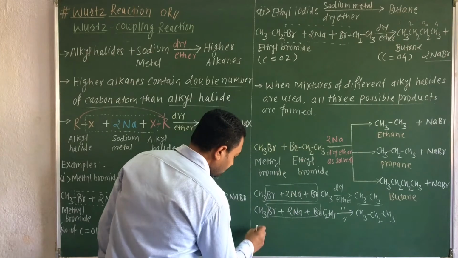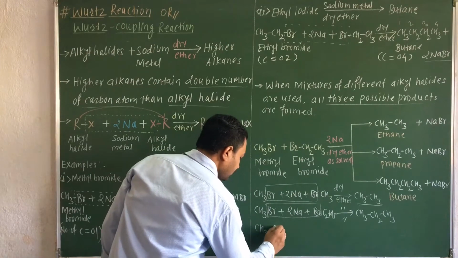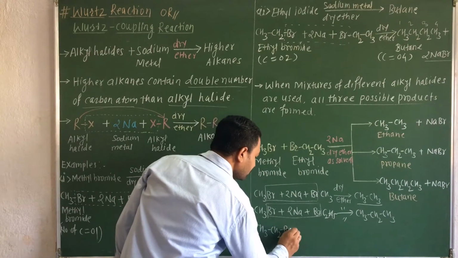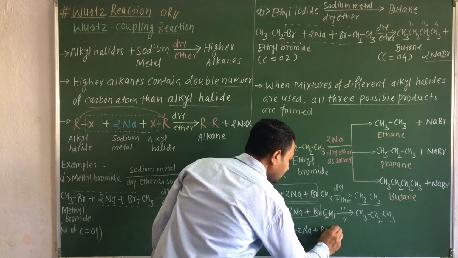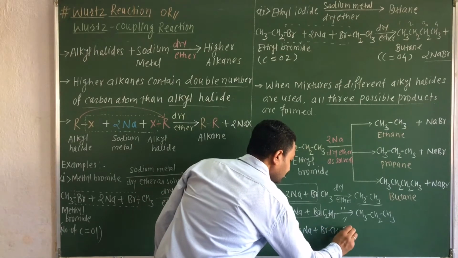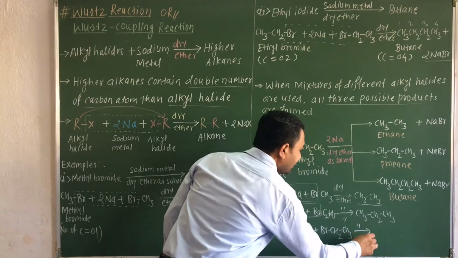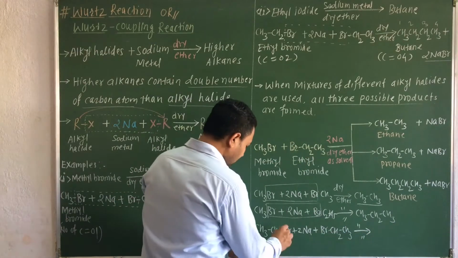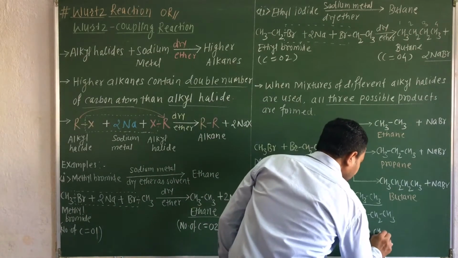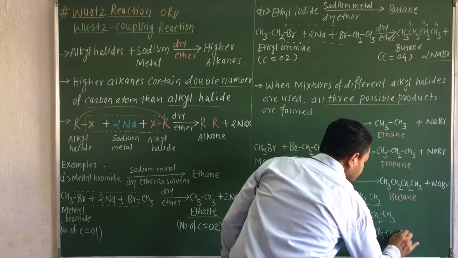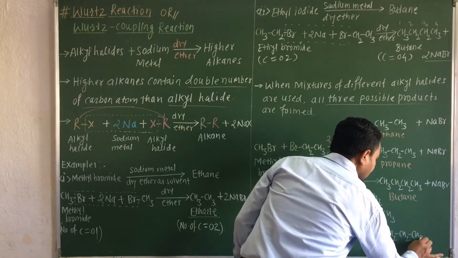Remember, one molecule of ethyl bromide will react with another molecule of ethyl bromide, in the presence of dry ether as a solvent. Then again we will obtain butane as a product, CH3CH2CH2CH3.